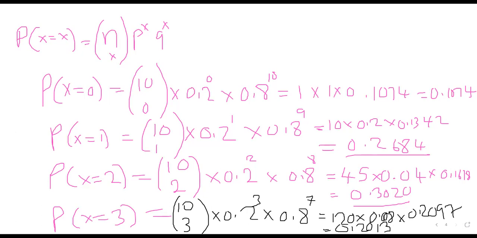So we have found the probabilities of 0, 1, 2, 3. Now, sometimes the examiner would want to use statistical grammar and ask you to find the probability at most 2.